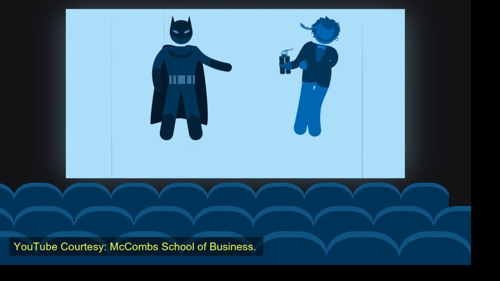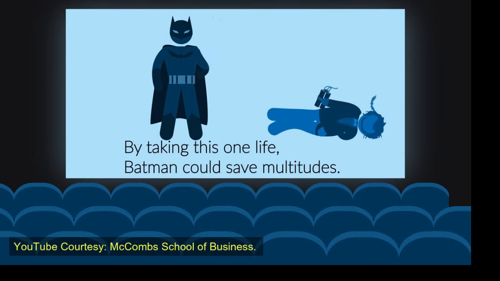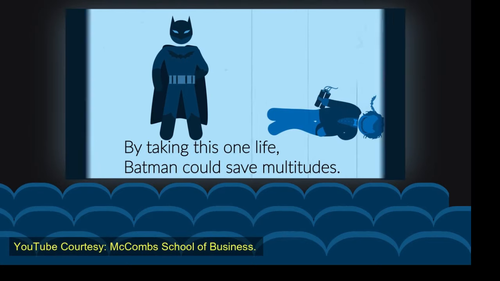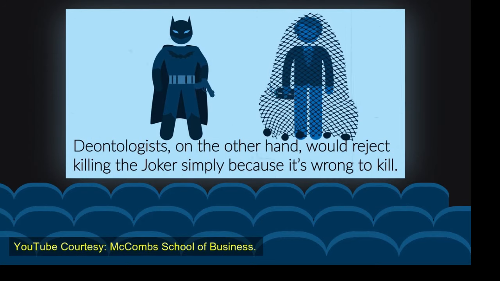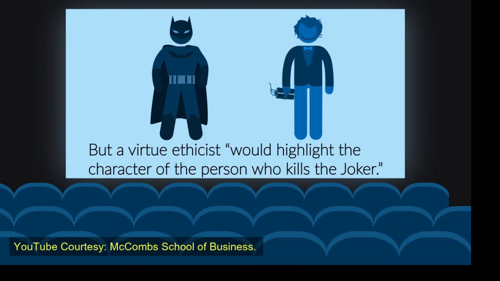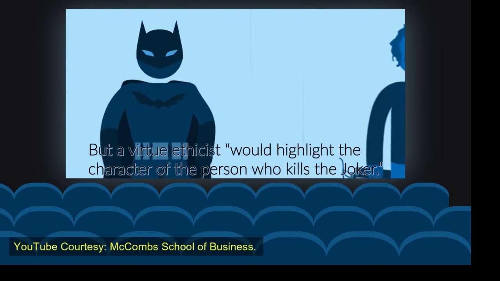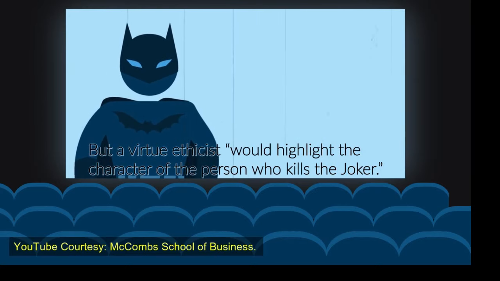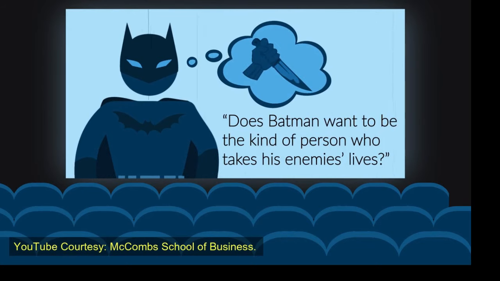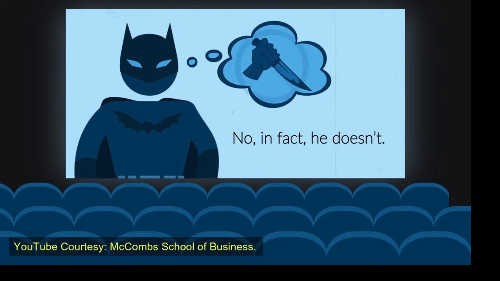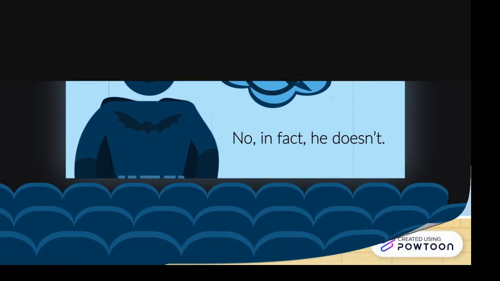By taking this 1 life, Batman could save multitudes. Deontologists, or those who believe in moral duty ethics, on the other hand, would reject killing the Joker simply because it's wrong to kill. But a virtue ethicist would highlight the character of the person who kills the Joker. Does Batman want to be the kind of person who takes his enemies' lives? No, in fact he doesn't.